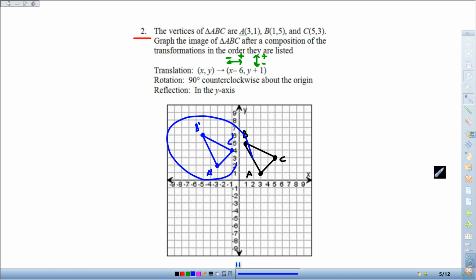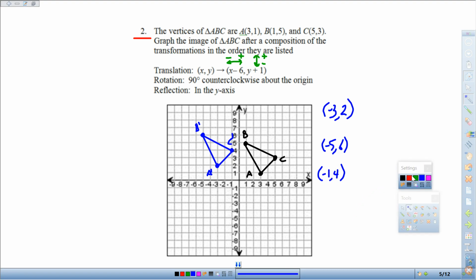That is what's being rotated. So I'm not using these coordinates up here for the original. I need to first find the coordinates of this new one. So let's do it. A prime is at negative 3, 2. B is at negative 5, positive 6. And C is at negative 1, 4.